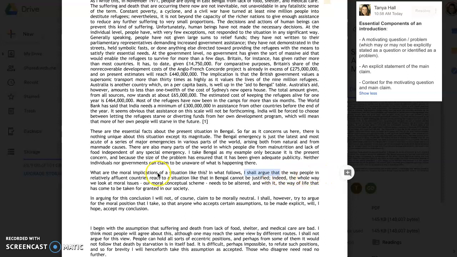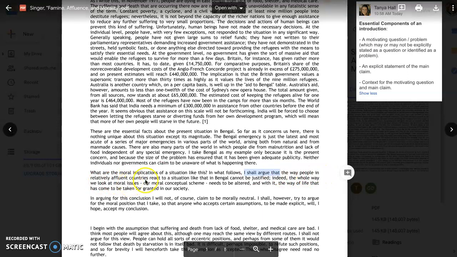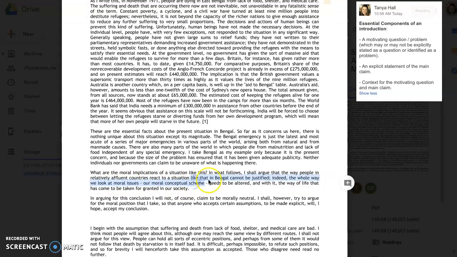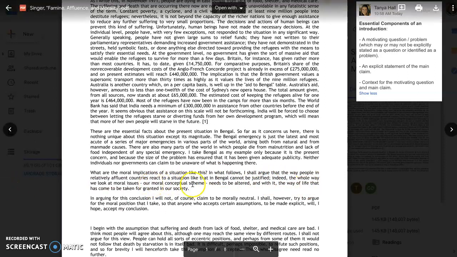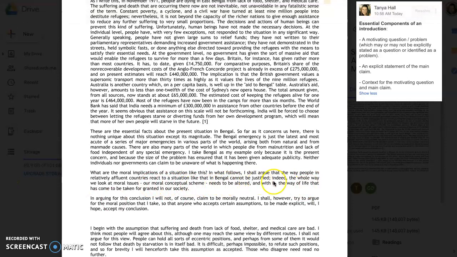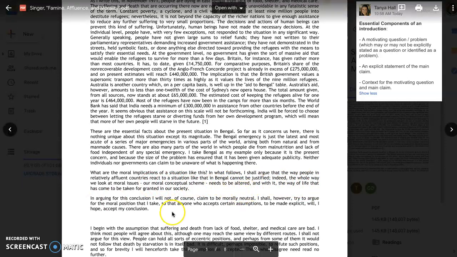"The way people in relatively affluent countries react to a situation like that in Bengal cannot be justified. Indeed, the whole way we look at moral issues, our conceptual moral scheme, needs to be altered, and with it, the way of life that has come to be taken for granted in our society."